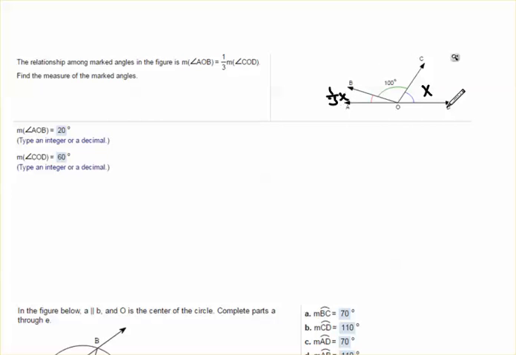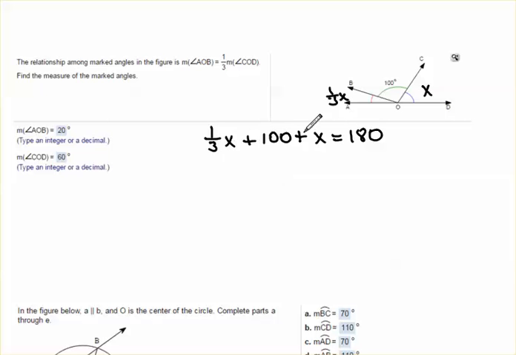We can use that now to set up an algebraic equation. So we can say, well, 1/3 X plus 100 degrees plus X degrees. What do all of these add up to be? Well, that makes a nice straight line there, which is always 180 degrees.